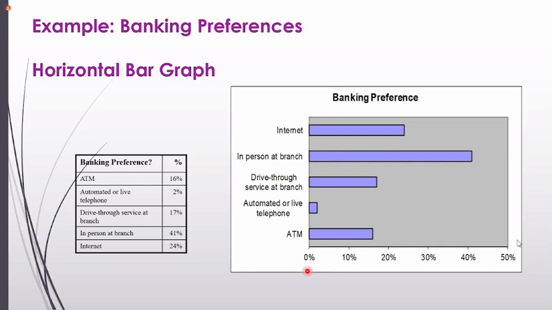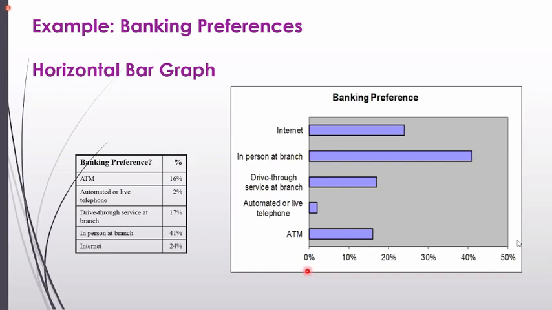And here what is the variable? The variable is banking preference.